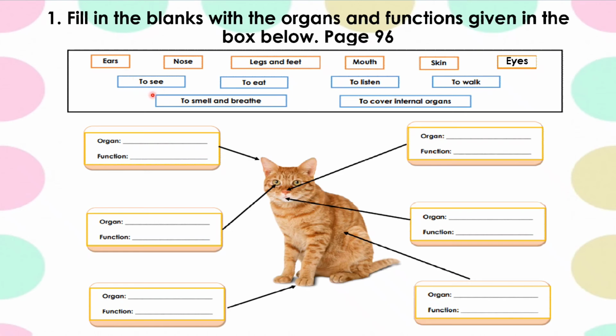For example, ears. What is the function of the ears? Is it to see, to eat, to listen, to walk, to smell, or to cover the internal organs?